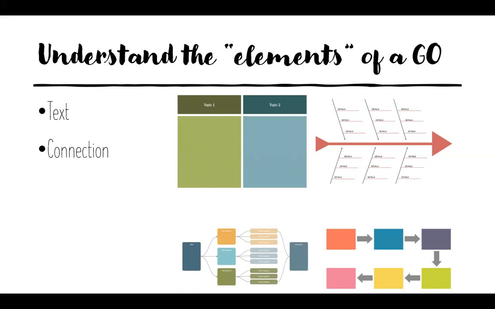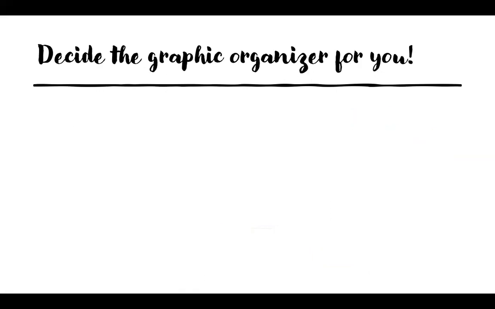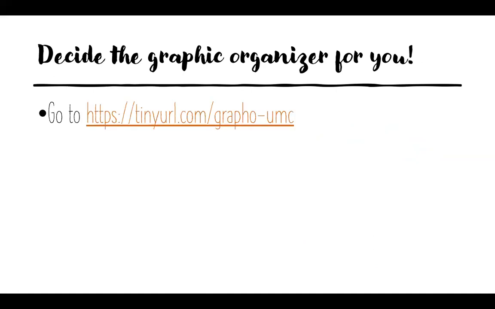Alright, and the last one is, after understanding the elements of a graphic organizer, you will need to decide what graphic organizer is the right one for your type of essay, for your text. And how do we do that? First of all, you will go to this website.